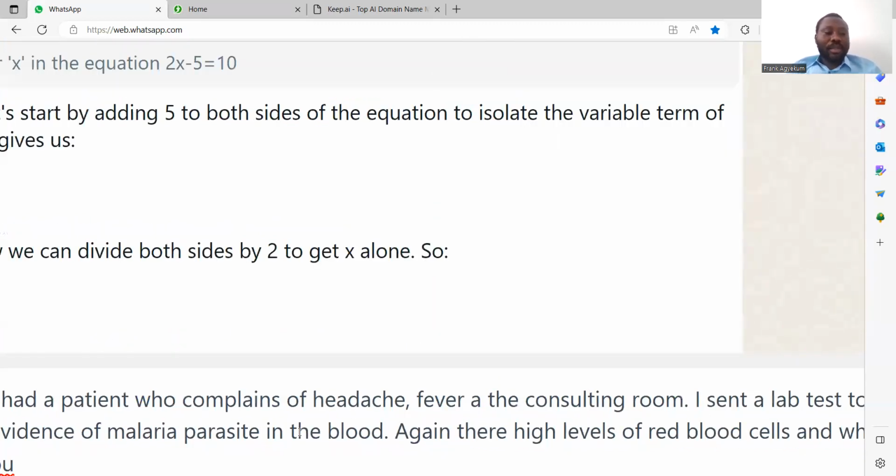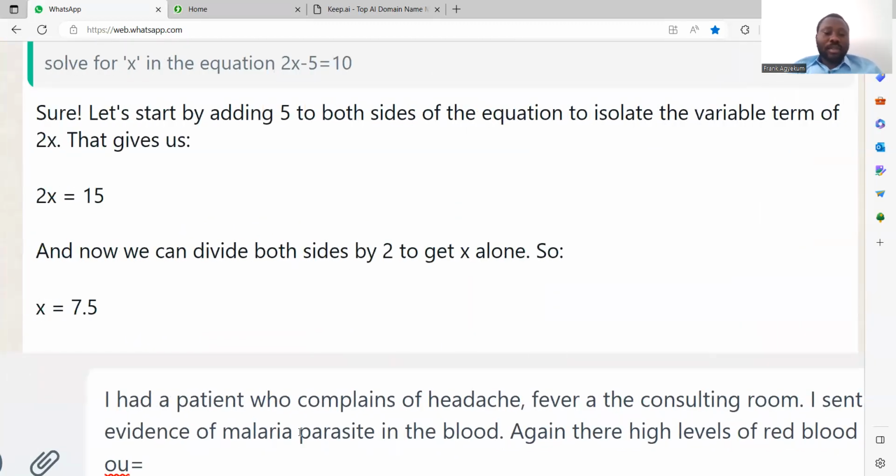Can you tell me what the patient is suffering from?